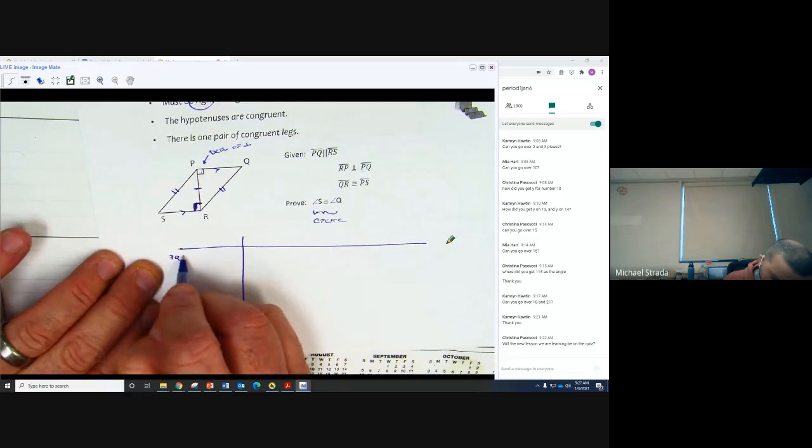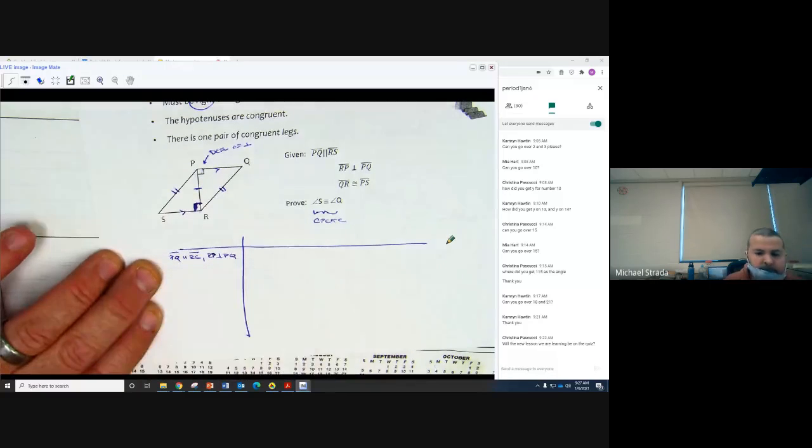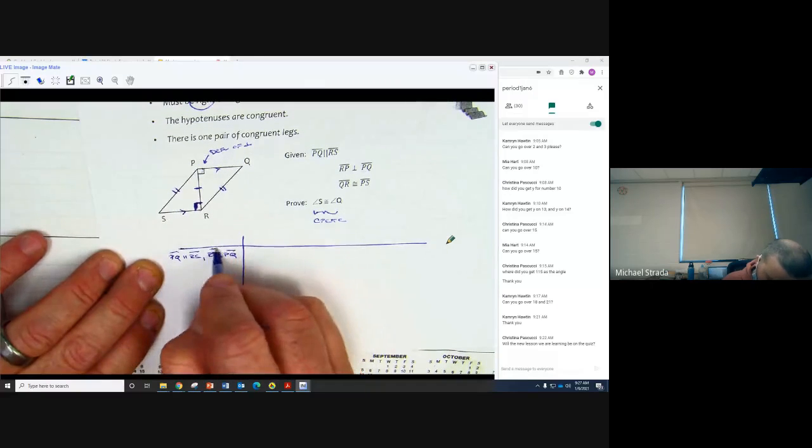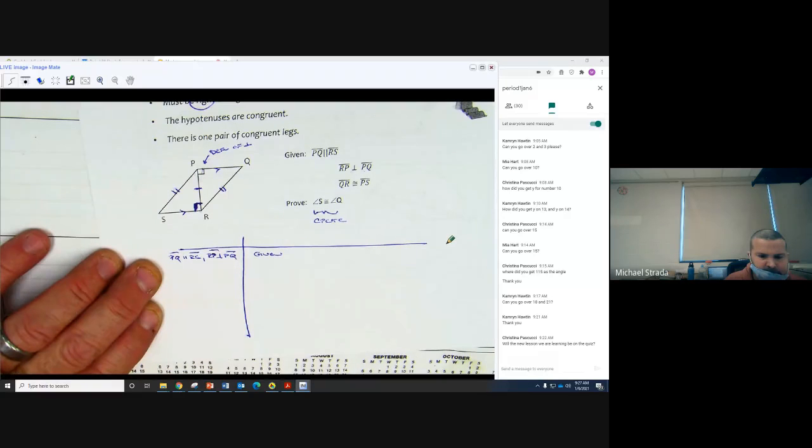PQ is parallel to RS. RP is perpendicular to PQ. That is given.